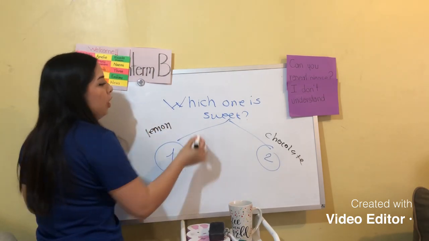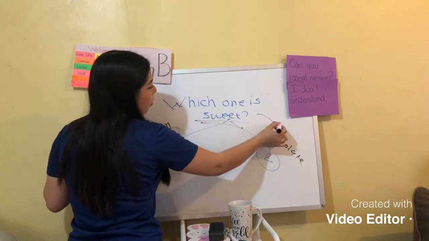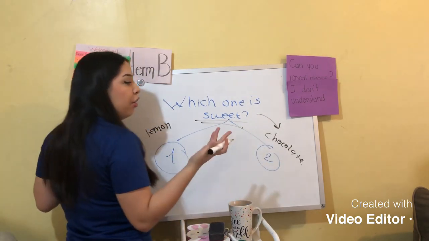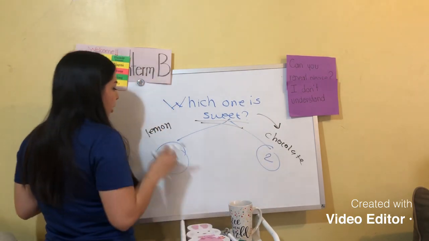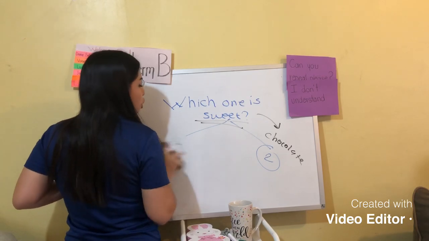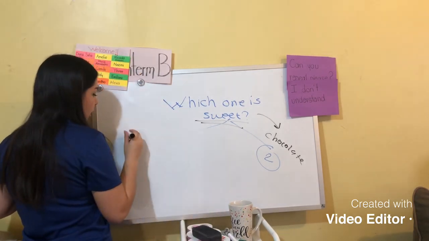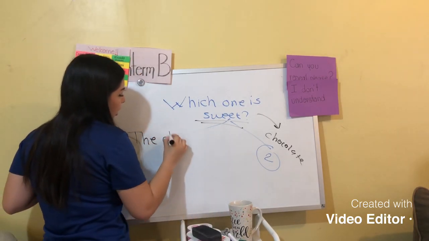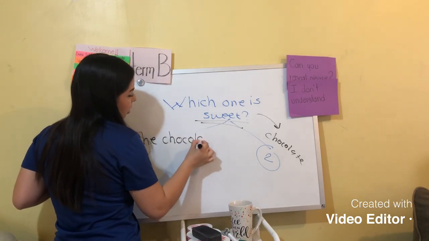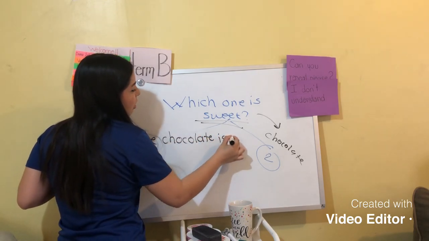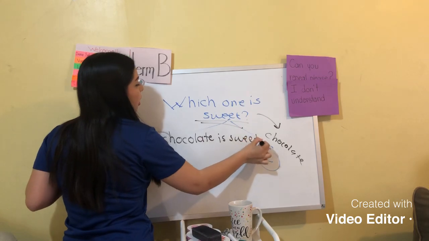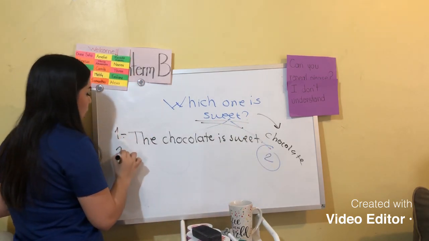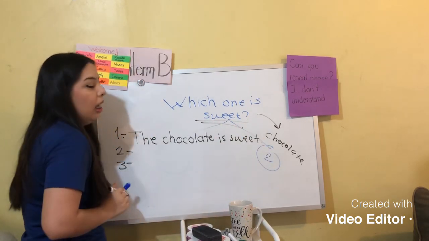So which one is sweet? Chocolate. So how are you gonna put it in your notebook? You are gonna write in your notebook, the chocolate is sweet. Number 1, number 2, number 3, etc.